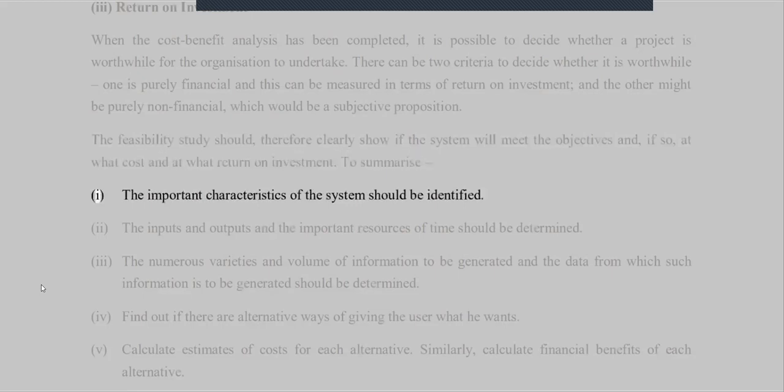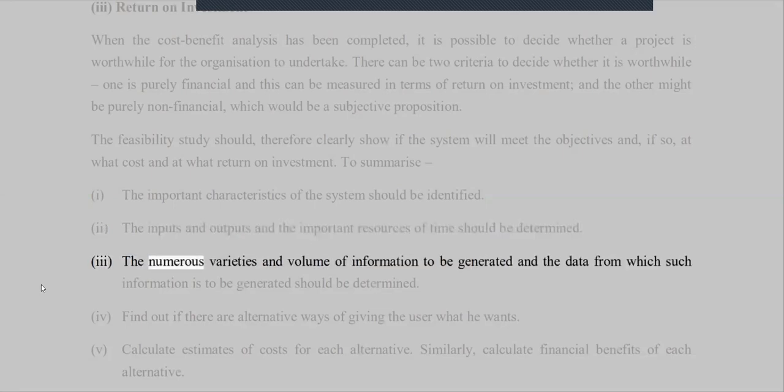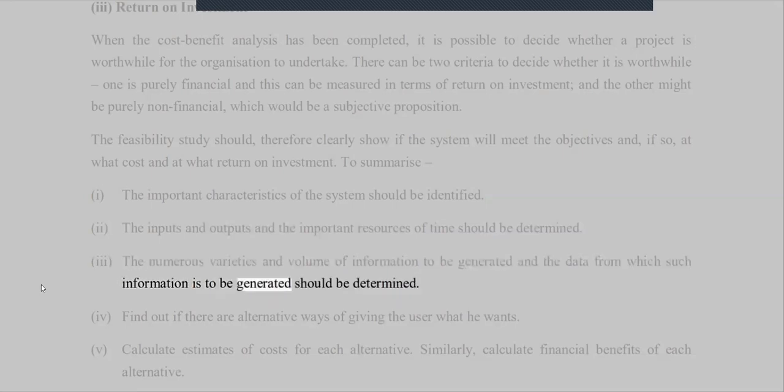To summarize, 1. The important characteristics of the system should be identified. 2. The inputs and outputs and the important resources of time should be determined. 3. The numerous varieties and volume of information to be generated and the data from which such information is to be generated should be determined. 4.